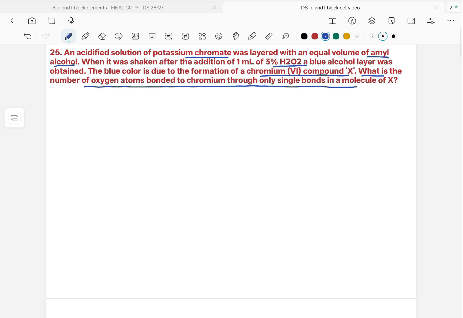So potassium chromate, that is K2CrO4, reacts with amyl alcohol. Amyl alcohol is nothing but pentanol, a 5 carbon atom alcohol, that is C5H11OH.